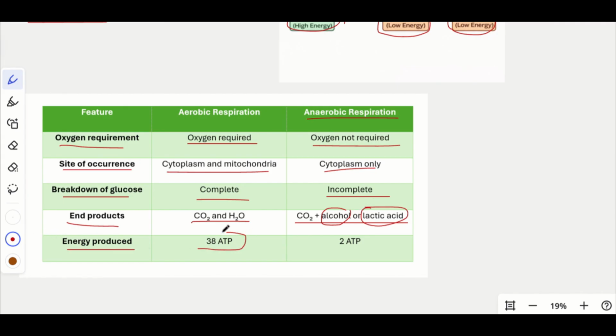High energy, that is 38 ATP. Low energy, that is 2 ATP, in anaerobic respiration. So it is very easy to learn. These are the basic things, okay? And this is the reason why we have to inhale oxygen and exhale carbon dioxide, which we will see in detail in human respiration.